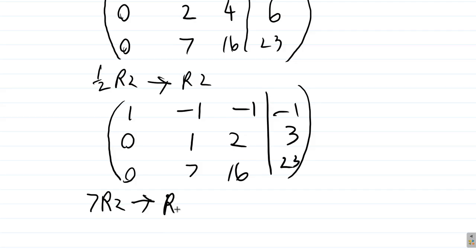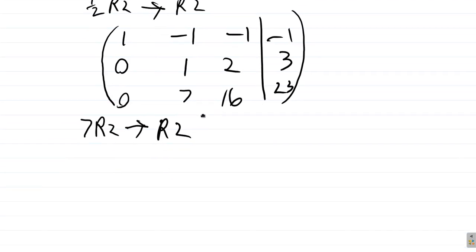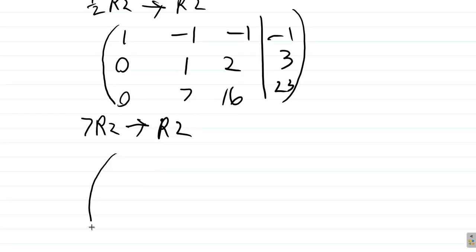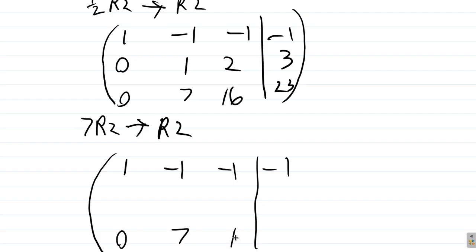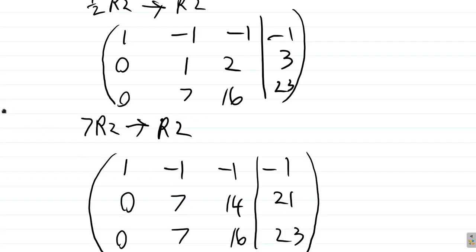That gives you your new row 2. So we're going to change row 2 alone. We have back our row 1, 1, negative 1, negative 1, negative 1. We have back our row 3, 0, 7, 16, 23. But now, 7 times row 2: 7 times 0 is 0, 7 times 1 is 7, 7 times 2 is 14, 7 times 3 is 21.